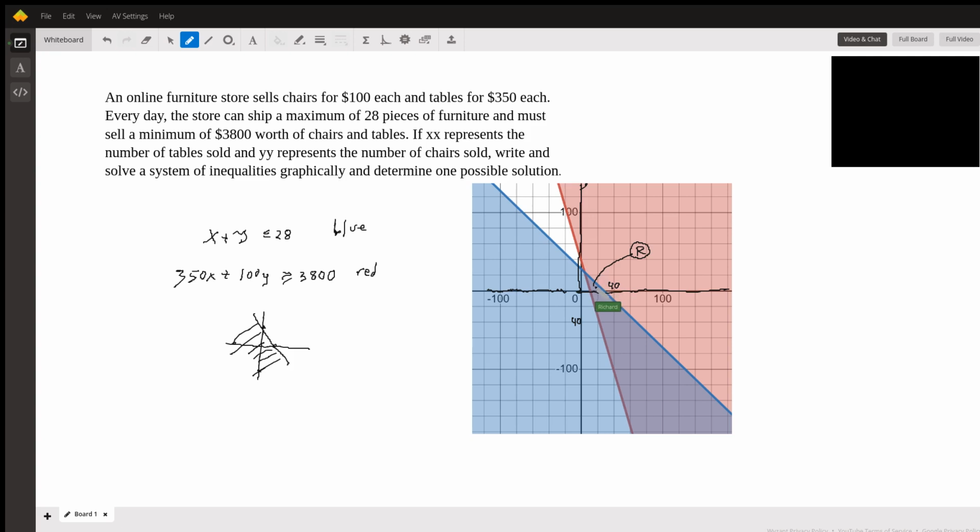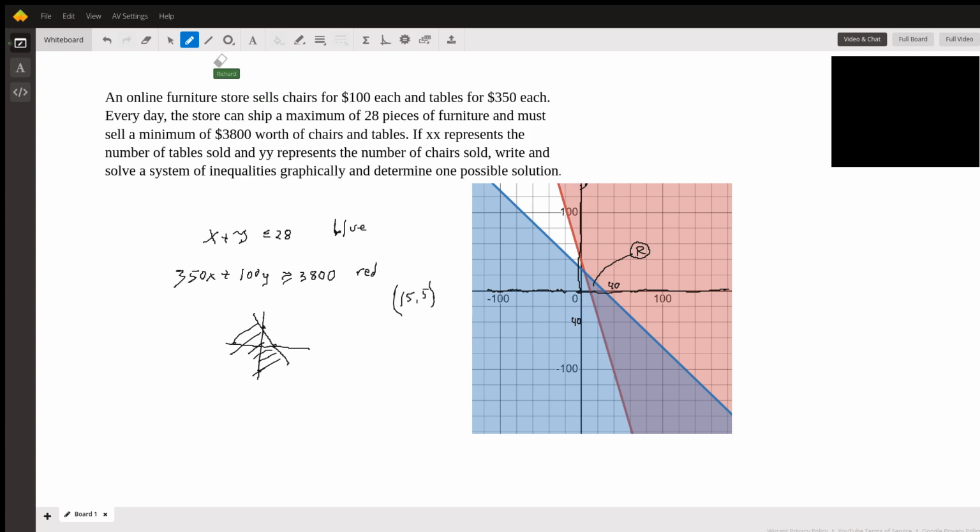So I would say something like 15 comma 5 would work. That would be a point that lies in the solution region, because that's 20 and that's 20 up here. So this positive 20 comma 20 is this point here. And so we're just going to go 15 over and 5 up, and that'll put us into the solution region. So I'm sorry about that earlier comment about the solution region.